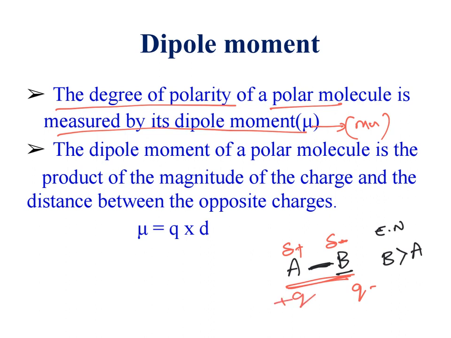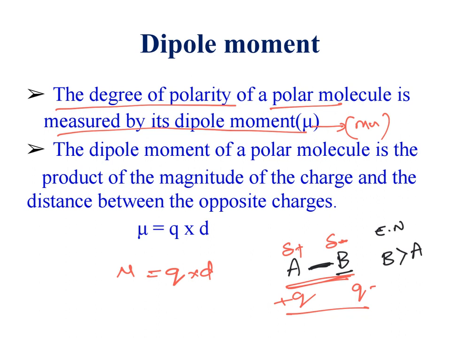We can define that the product of the magnitude of charge Q and the distance between these opposite charges is equal to the dipole moment of the polar molecule. Charge multiplied by the distance between the opposite charges gives you the dipole moment.